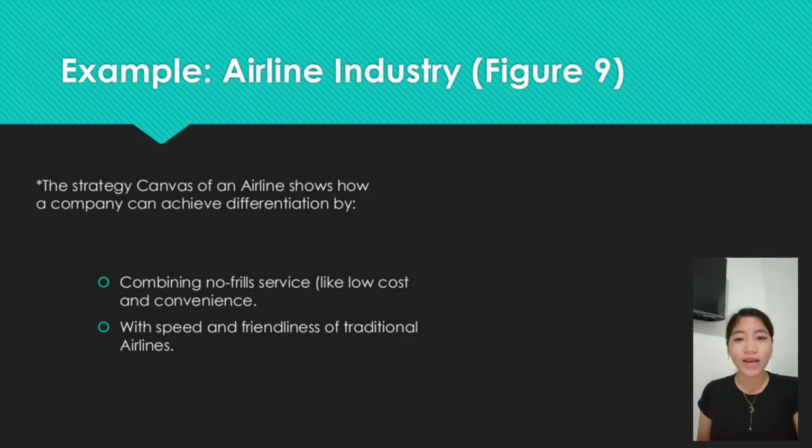This mix allowed them to be cheaper yet enjoyable, attracting a huge market. A good quality is not about doing more. It's about focusing on what truly matters to customers.